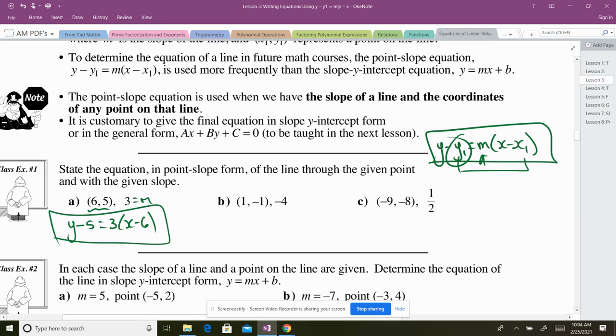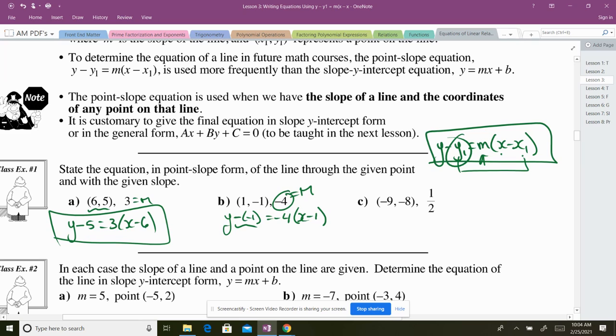What about the next one? Okay, so y minus -1 equals, that's your m, times (x minus 1). There you go.